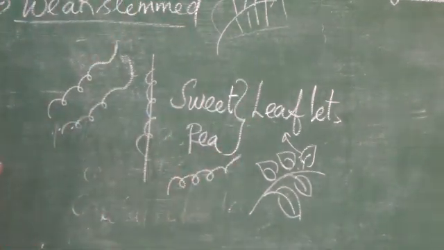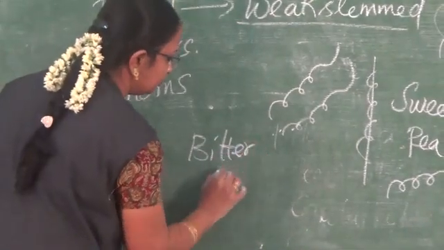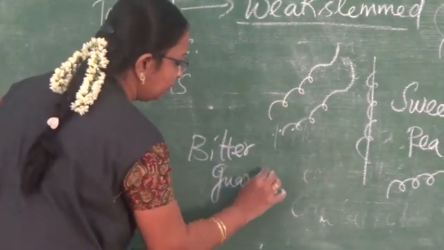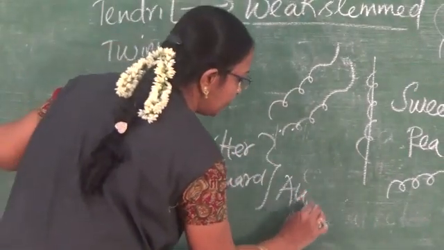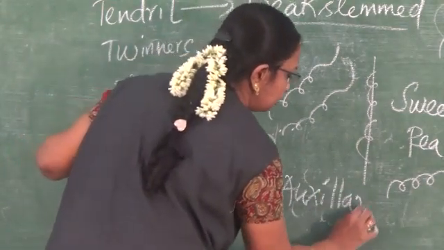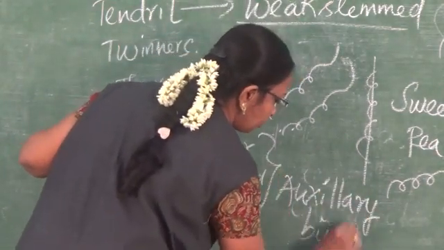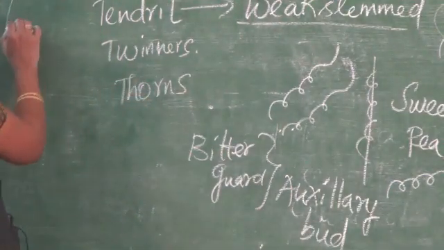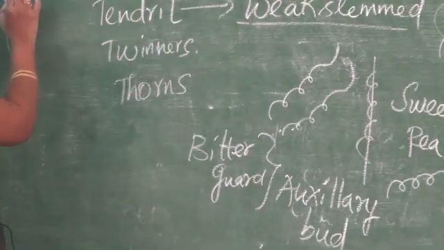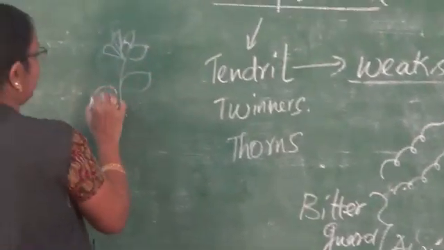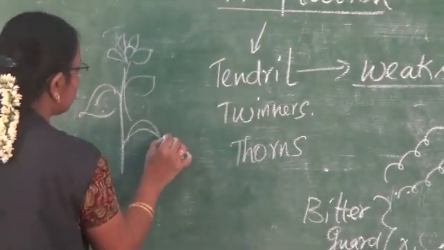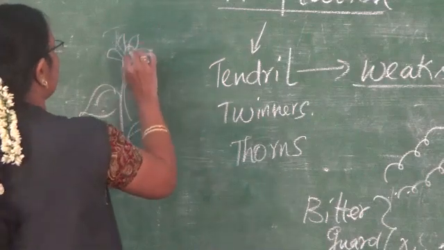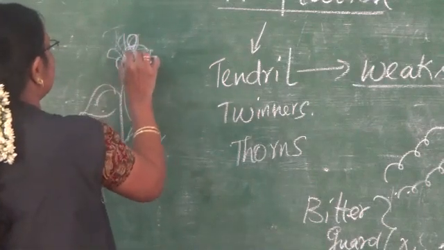And then in bitter gourd, we can see the axillary bud. What does axillary bud mean? The flower which is found at the tip of the plant is known as axillary bud.